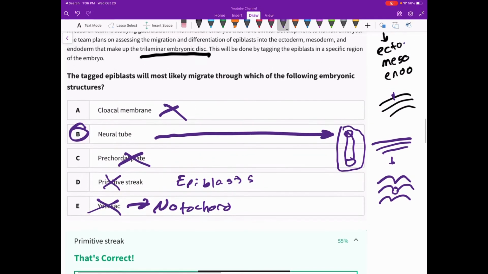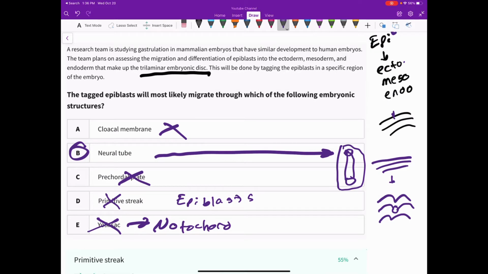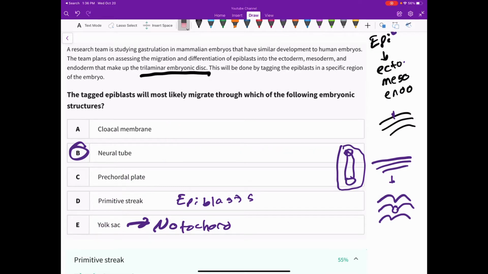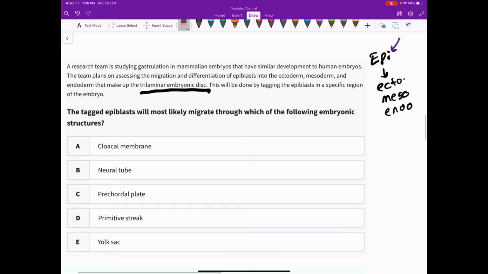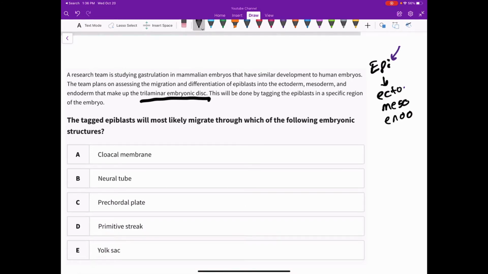Never mind. Okay, so we have the ecto, meso, and endoderm. It says the tagged epiblast will most likely migrate through which of the following embryonic structures? Well, let's remember, what's the first step? We have the trilaminar disc, right?